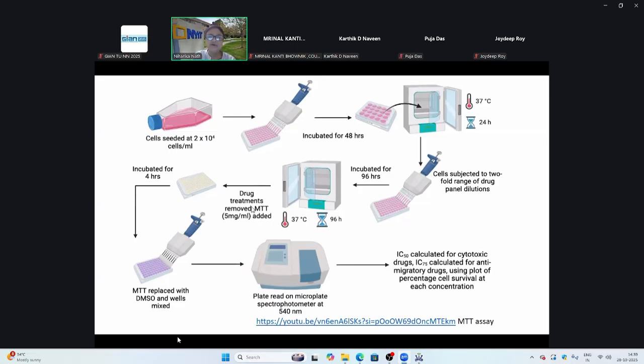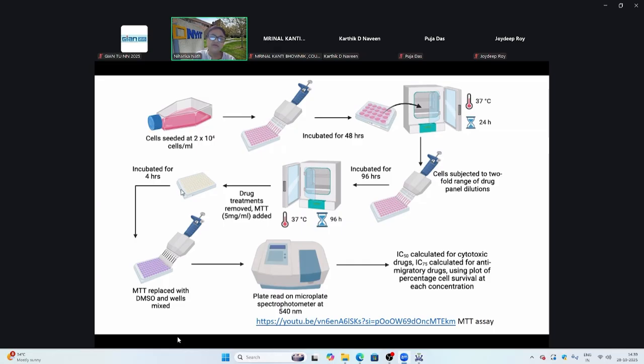And then all of that is removed, all the pink solution, and the cells are at the bottom. When the cells are at the bottom, then you add yellow colored MTT to all of them with the multi-channel pipetter.